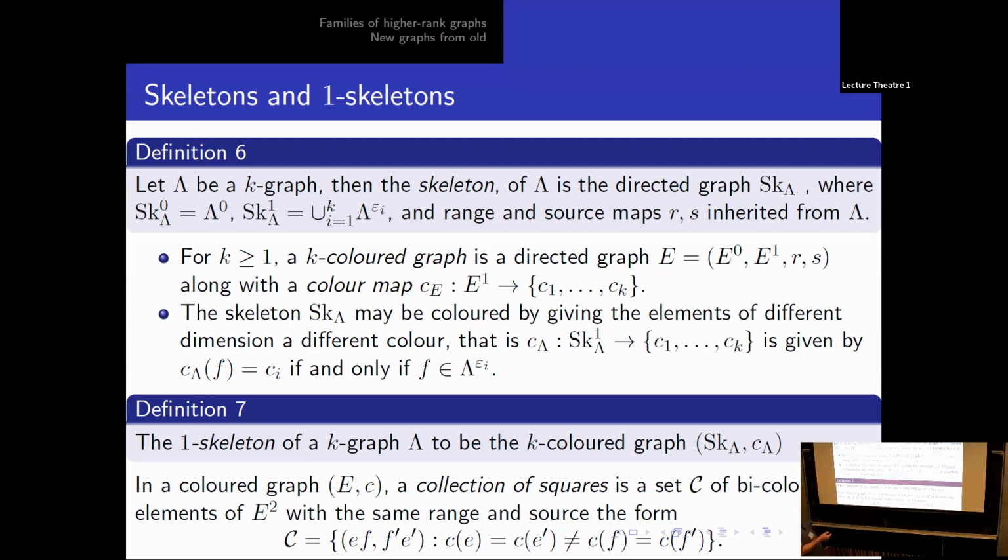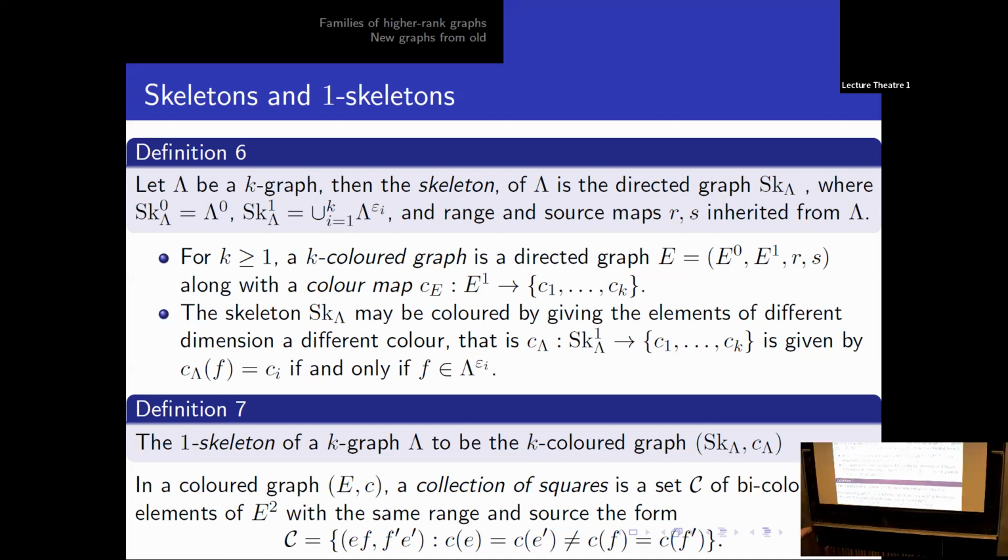So you just give a color to the edges, and the graph together with the coloring is what I call the one-skeleton. And of course, if you started with a k-graph, then you automatically get a k-colored graph, which I'll call E_lambda, c_lambda.